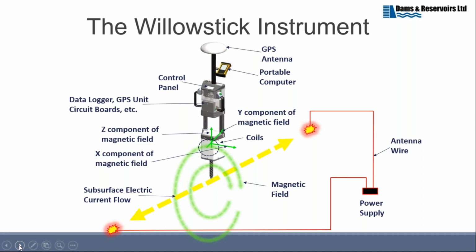And if you go back to your early days of school, certainly a long time ago for me, you will know about left and right hand rules, and you can work out where the magnetic field is and directions. And then if we have a seepage through that area, that's the better conductor, and it draws that magnetic field to it, and we look for that increase in magnetic field.